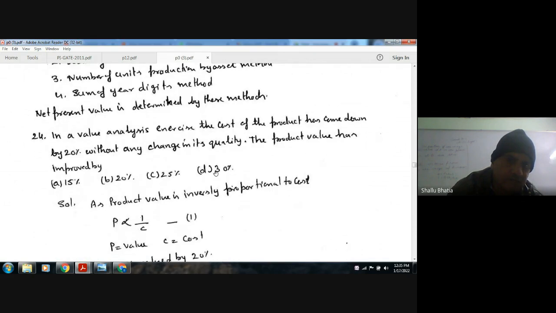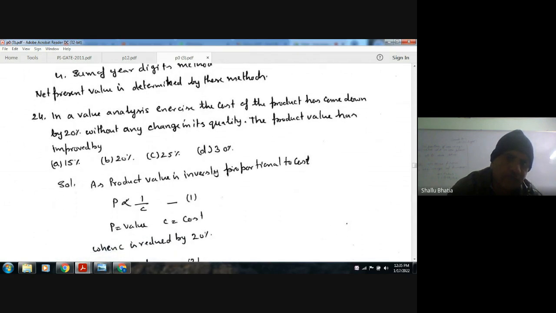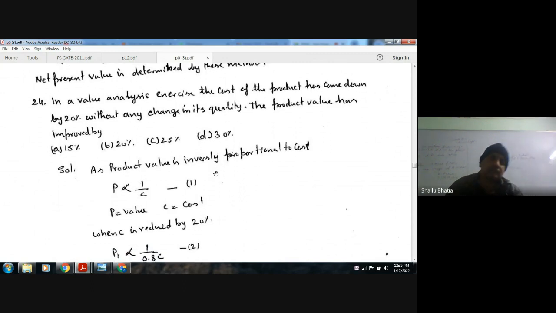Next, in a value analysis exercise, the cost of a product has come down by 20% without any change in its quality. The product value has improved by option A 15%, option B 20%, option C 25%, option D 30%. Now it is given that the cost has come down by 20%, and the product value is inversely proportional to the cost.